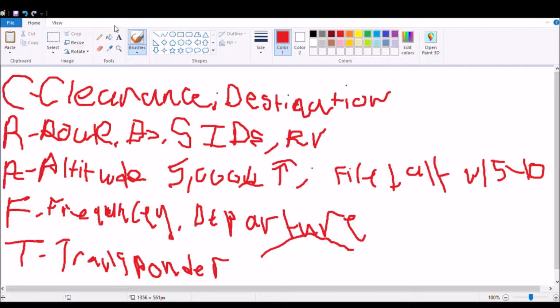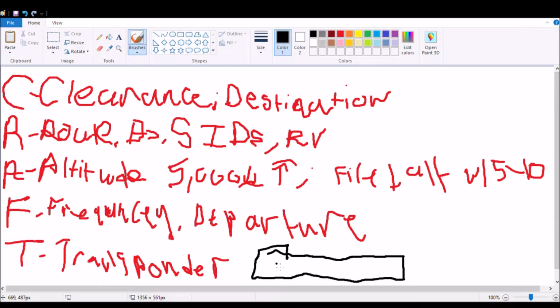It looks like this and has a number, it could be 5, 4, 2, 3, and has these little buttons on here: off, standby, altitude, ident, etc. And maybe some other functions over here.